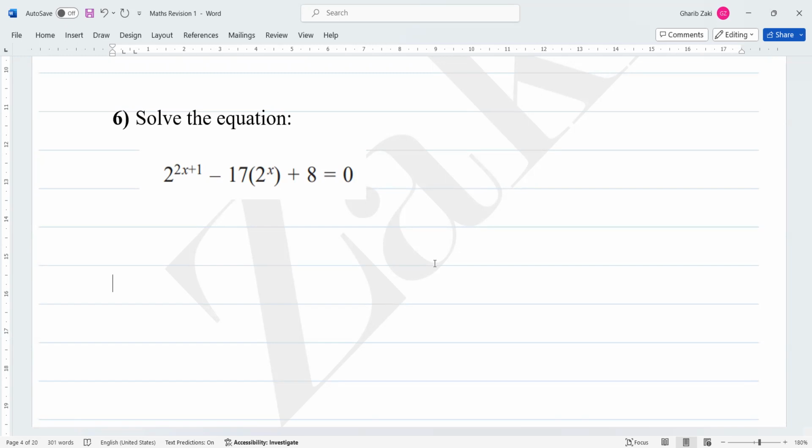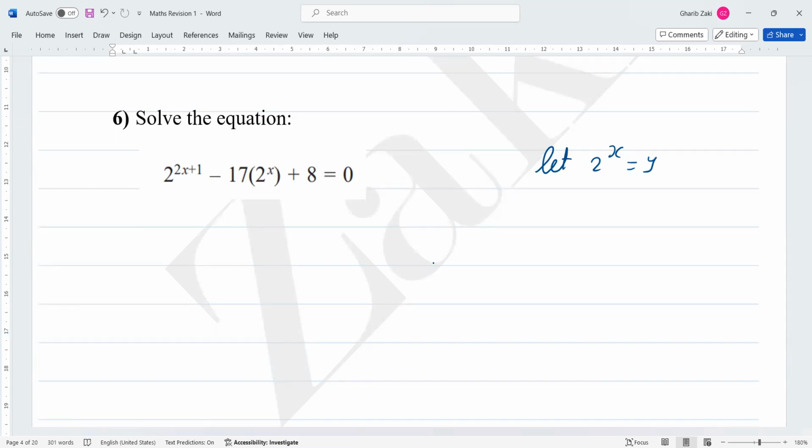Okay, guys. Now, how can we solve this type of questions? 2 power x, 2 power x, 2 power 2x plus 1. The smaller value is 2 power x. Then we write here, let 2 to the power x equals y.